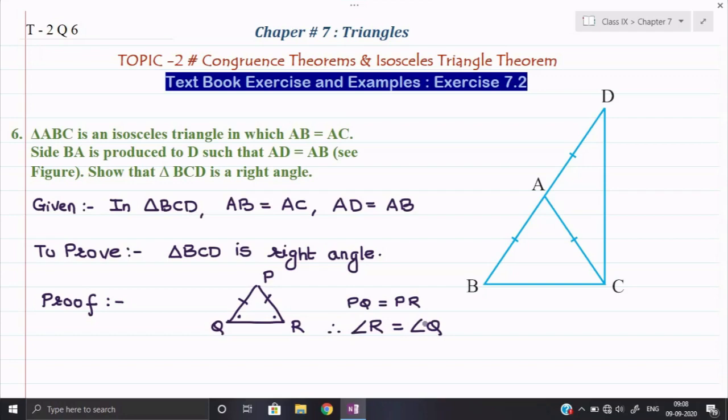When you change the side, accordingly the angle will also change. Okay, so this fundamental we should use in this question, and the name of the theorem is the isosceles triangle theorem. This theorem is given before exercise 7.2. So now let us see how we can use it.